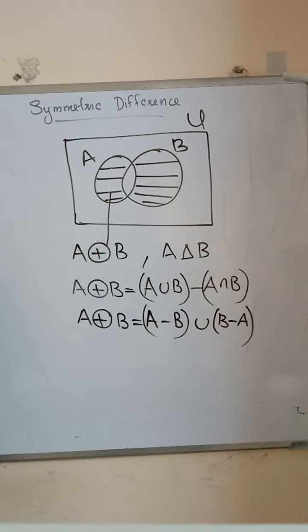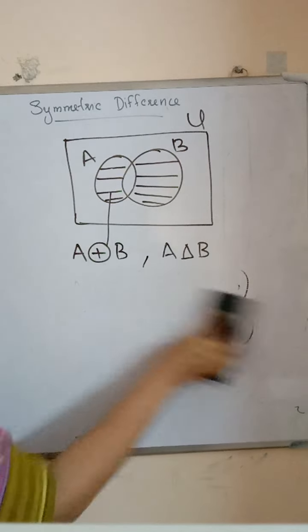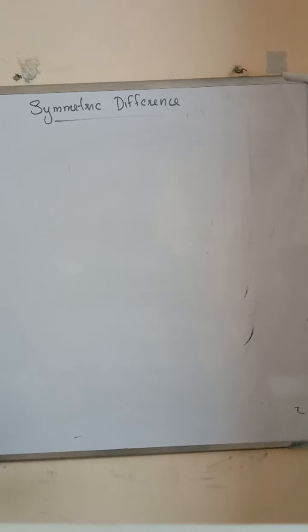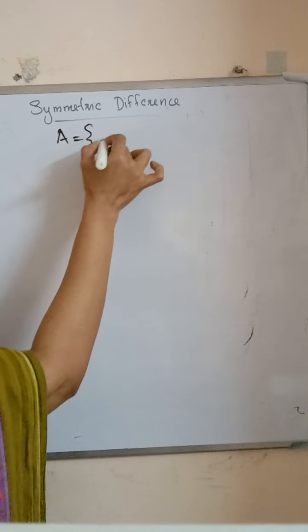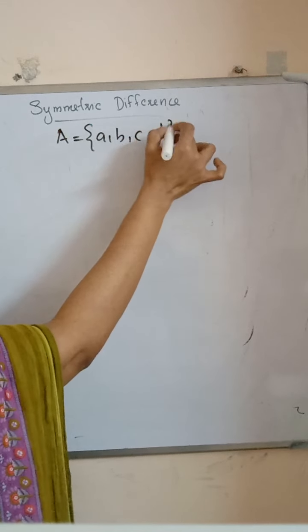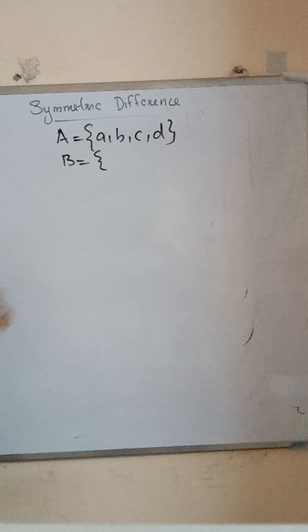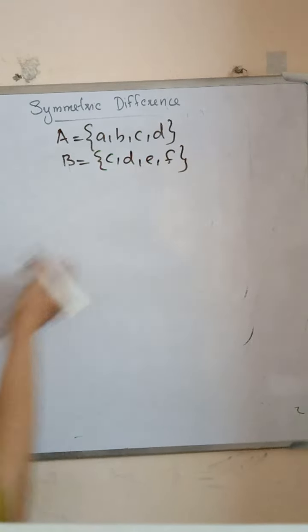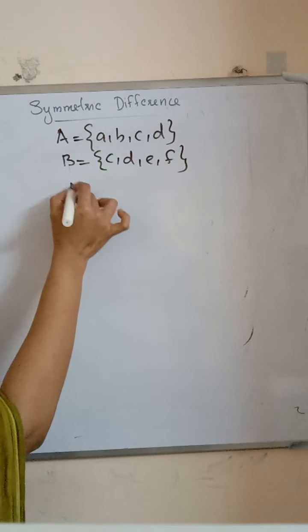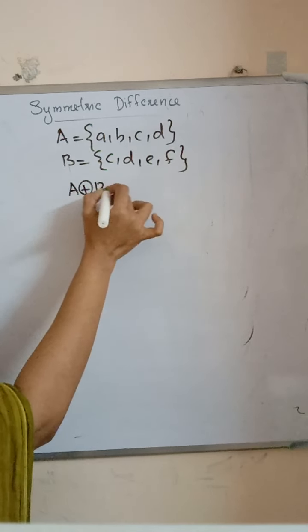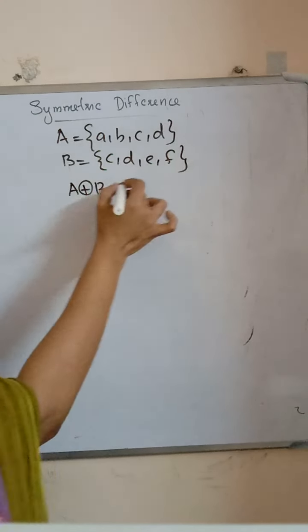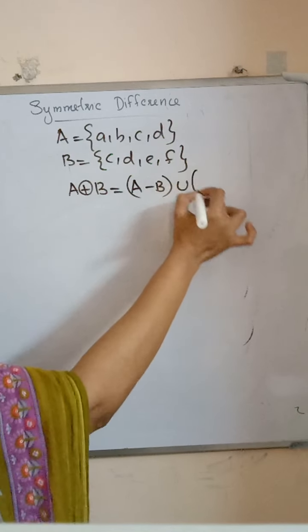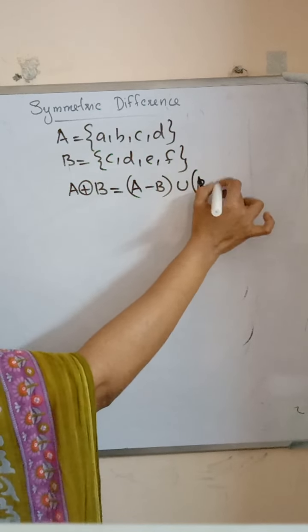Let us consider some examples for symmetric difference. A equals set {a, b, c, d} and B equals set {c, d, e, f}. Then A Δ B equals, by the definition, (A minus B) union (B difference A).